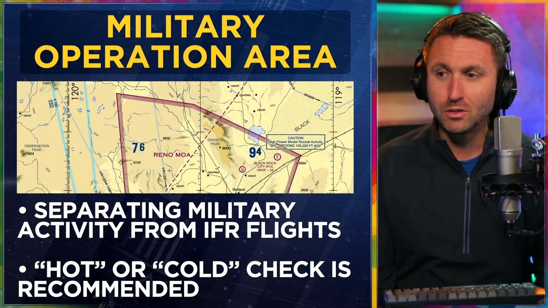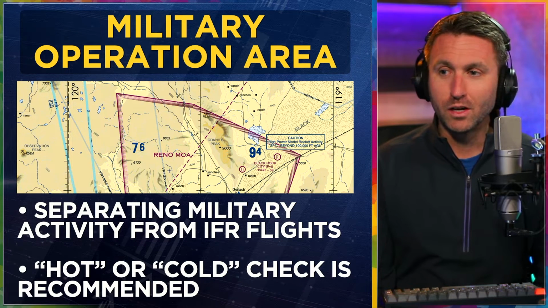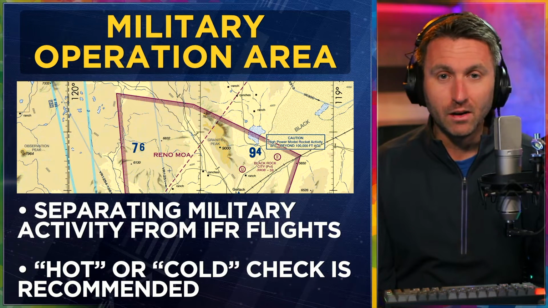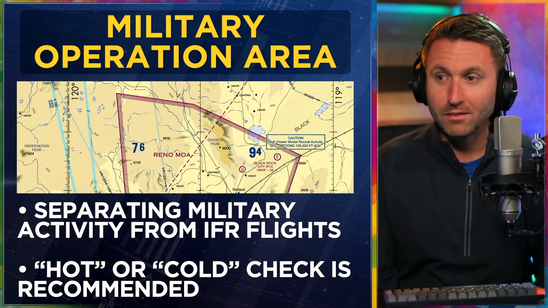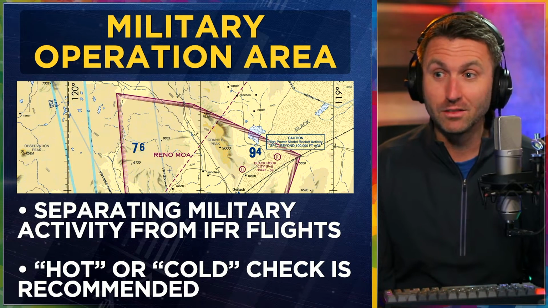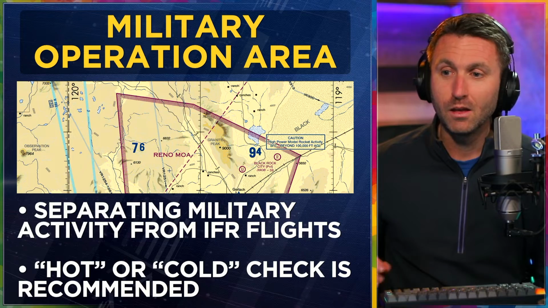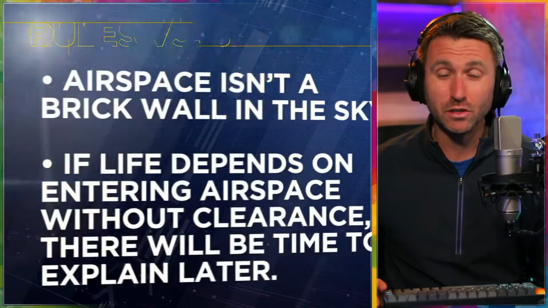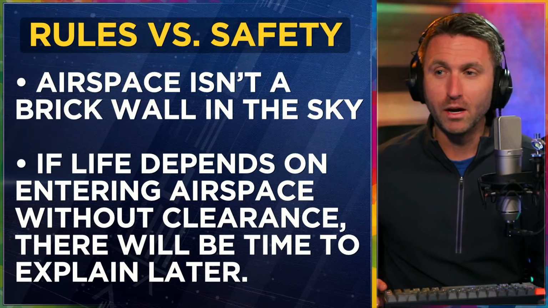And when you're talking to a briefer, when you're talking to an air traffic controller, is the Reno MOA hot or cold right now? And knowing that, you can fly through it safely and confidently if you know it's cold. If it's hot, you better stay away. Military operation area. Again, there's a lot of those big chunks of airspace. It's something to know about.